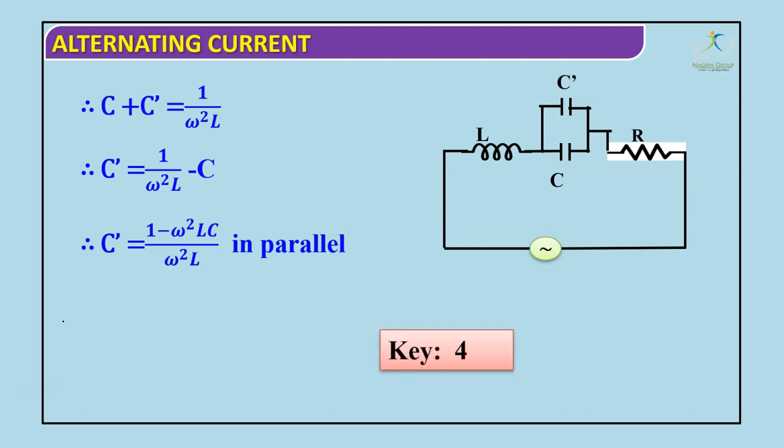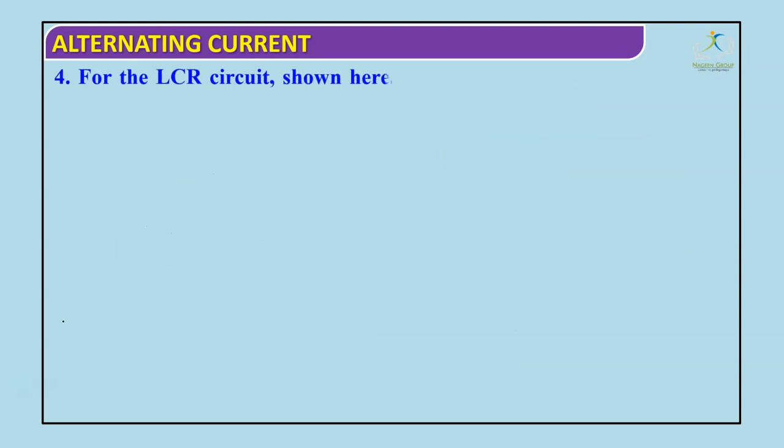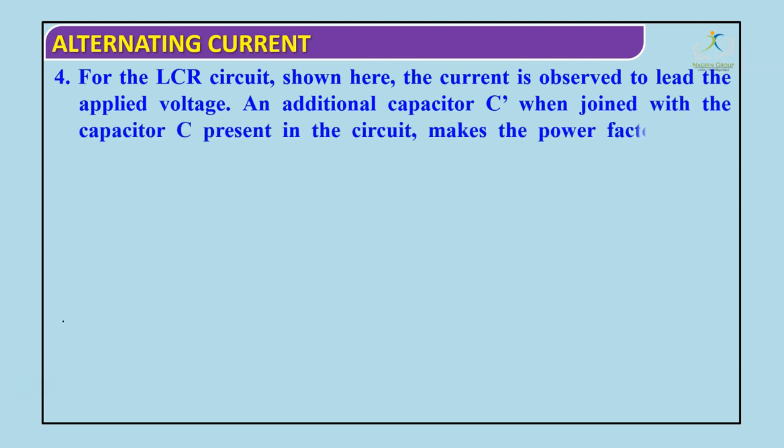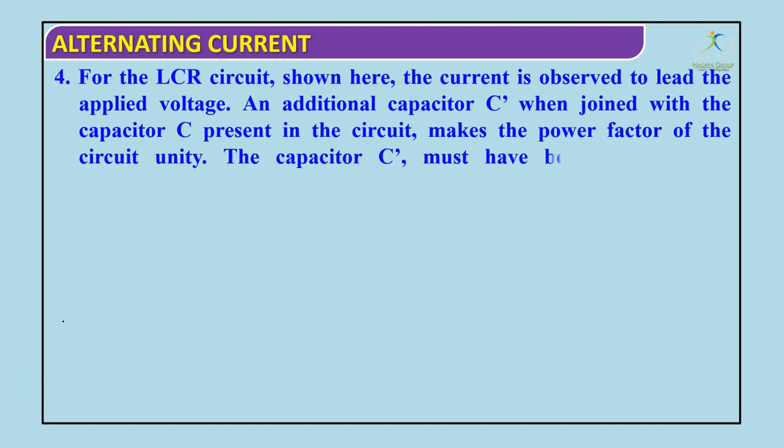I hope you understand. The next one we have: for the LCR circuit shown here, the current is observed to lead the applied voltage, and an additional capacitor C prime when joined with the capacitor C present in the circuit makes the power factor of the circuit unity.